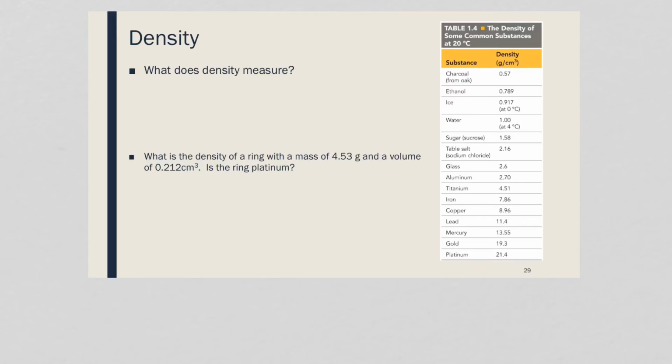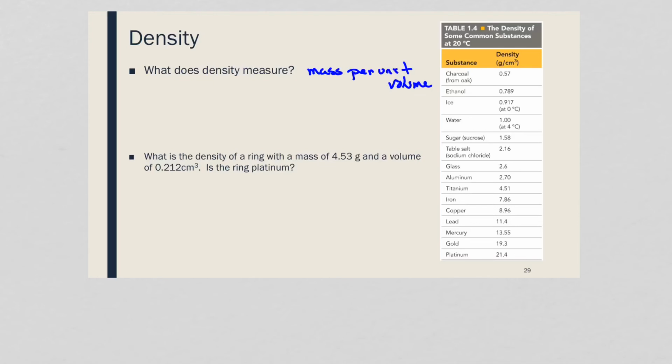So density is the measure of the mass per unit volume. Right? So it is the amount of mass that we have in a unit of volume.